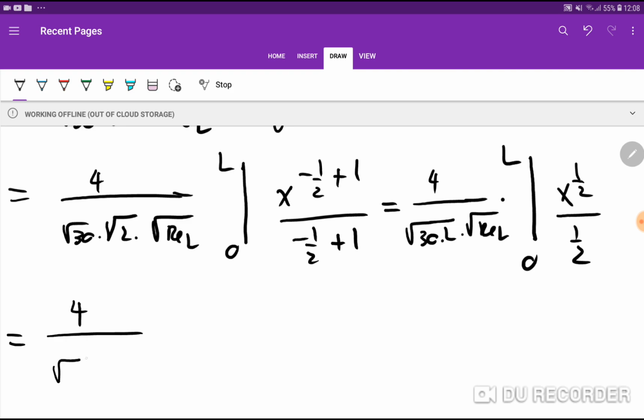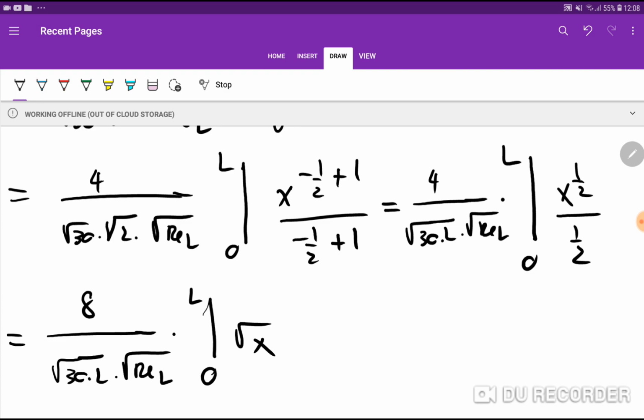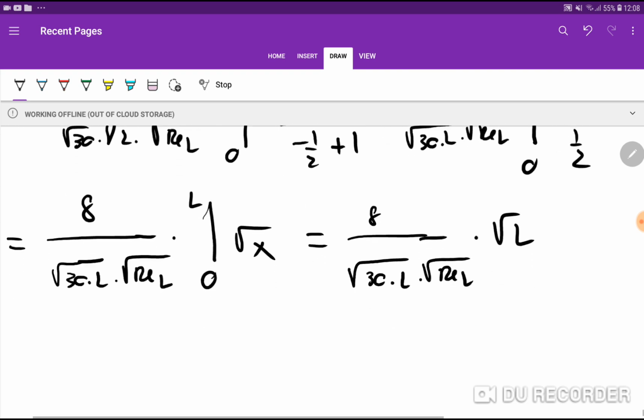So it's 4 over square root of 30 times L times square root of Reynolds number with respect to length. 1 divided by 1/2 is 2. 4 times 2 is 8. Okay, and 0 to L square root of x, because x to the 1/2 is square root of x. So if you plug in the limits, it'll be square root of L minus square root of 0, which is square root of L. So 8 over square root of 30 times L times square root of REL times square root of L. Okay, can you simplify it?